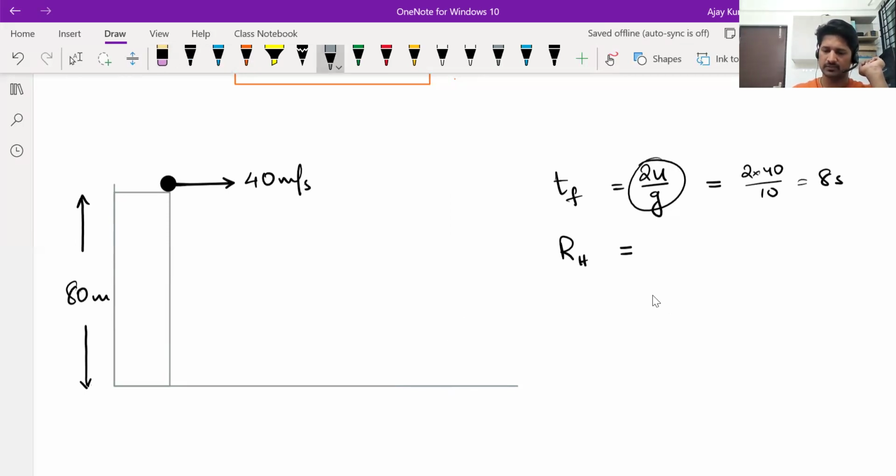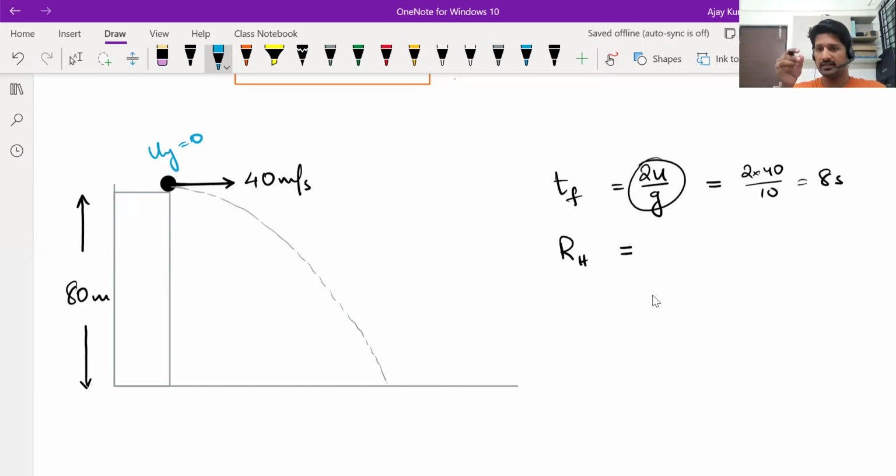Here, when the ball falls off like this, it is projected like this and falls this way. The time it takes to hit the ground, see, generally time taken to come down or go up depends on the y component, never on the x component. In this case, initially the y component is 0. So it's like a ball released from rest in the y direction.